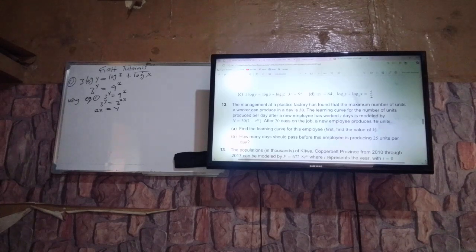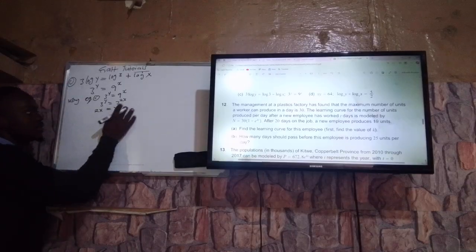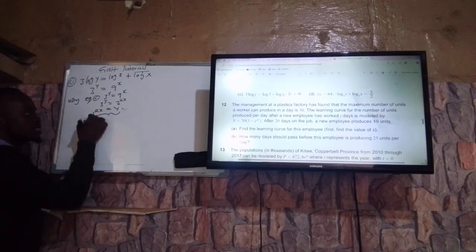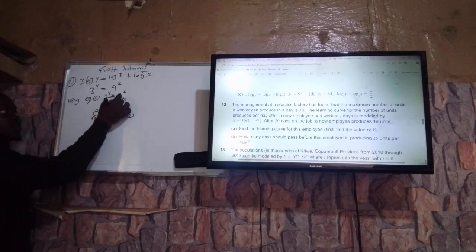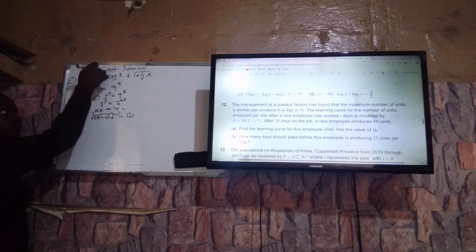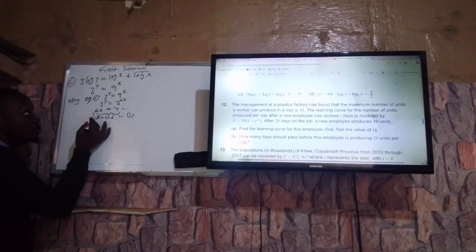So if we have 2x equal to y, we can replace this in our first equation. We used the second equation, so now we replace it in the first equation. Everywhere there is y, we are going to put 2x.